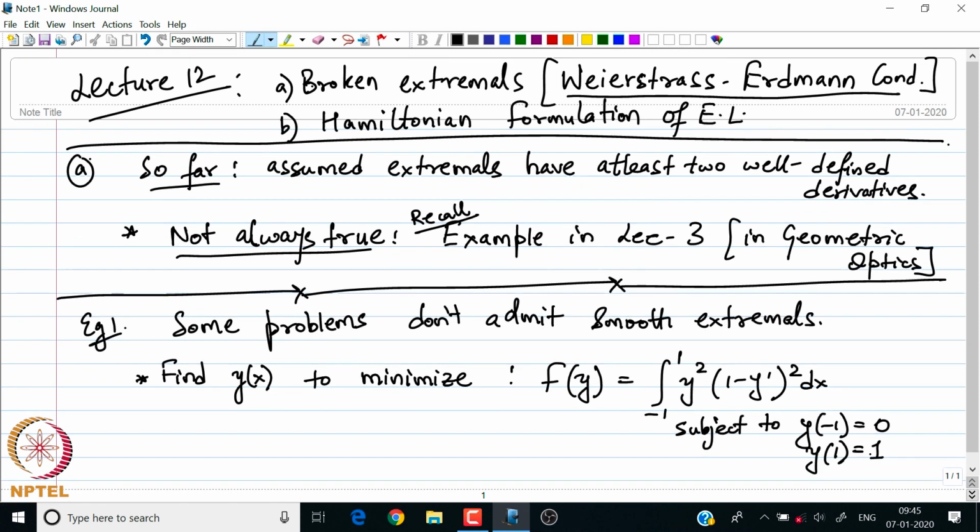It seems that we can quickly find the extremal through the Euler-Lagrange equation. Let us see what happens.